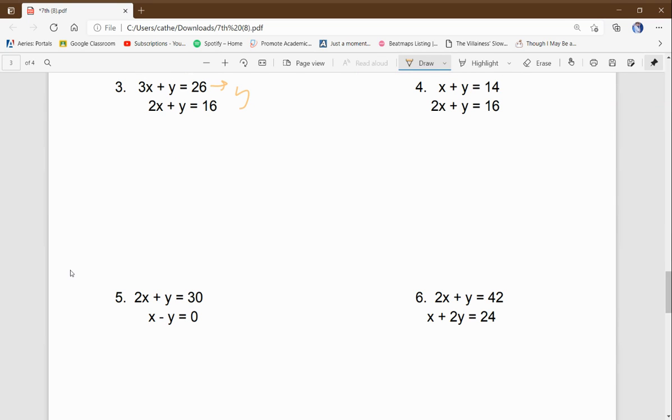Okay, for this, we can also rearrange this as y equals negative 3x plus 26. Okay? Then we can add it to this one.